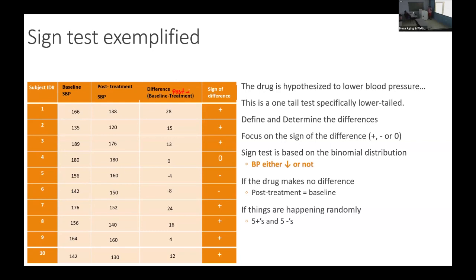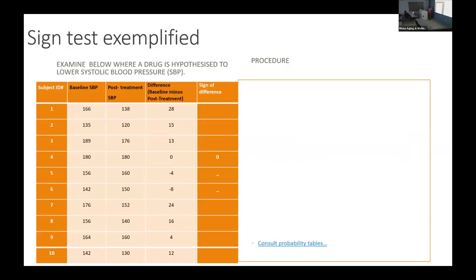And so if things are happening randomly, we have 10 subjects, so we're going to expect some people's blood pressure to go up, some to go down, and they should be happening equally under the null. So you should have the same amount of ups and the same amount of downs. So 5 positives, 5 negatives, if things are happening randomly. So in that way, there's a 50% chance of being in either category, either your pressure is going up or down. So this is under the null.